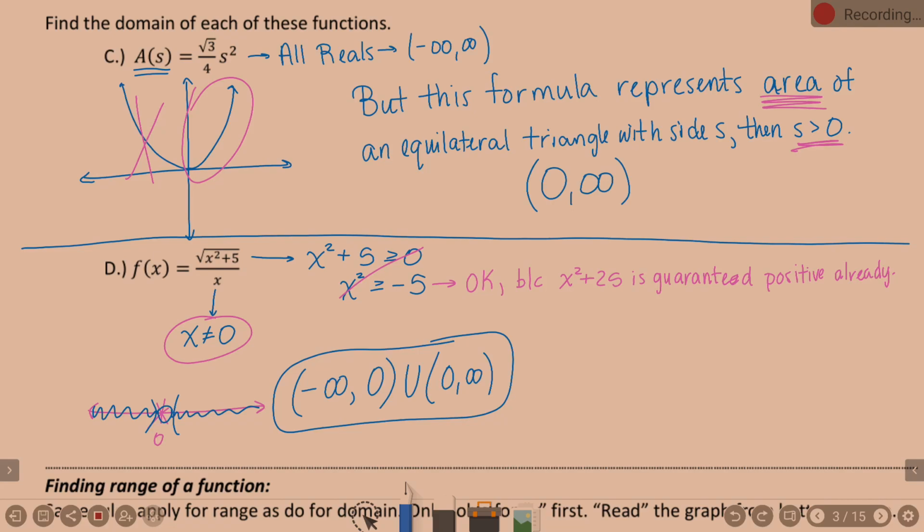But here's what I'm going to say: don't tell me, for instance, that my domain is negative infinity to negative 0.15. That tells me you're relying solely on the graph and not understanding there's an asymptote there.